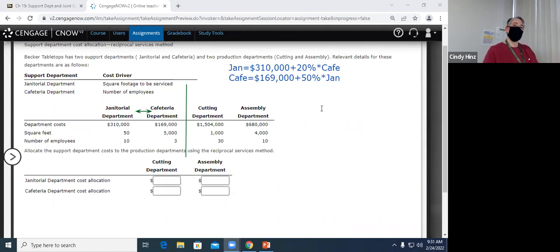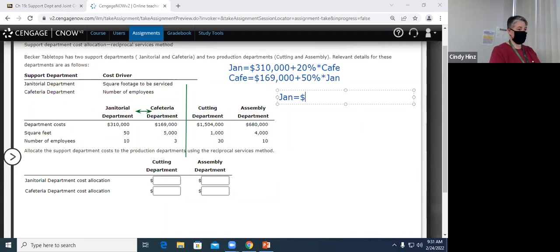Okay, so now we're going to substitute. Let's substitute the second equation into the first. So where I have cafeteria in the first equation, I'm just going to plug in the quantity from the second equation. The cafeteria is 169,000 plus 50% of the janitorial cost.